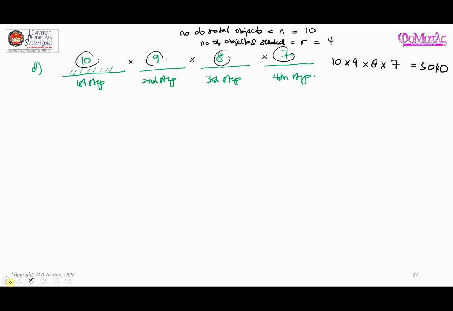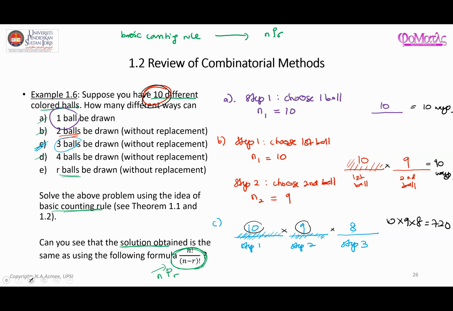Similar to what we have already done, here n is equal to 10 and r is equal to 3. This one is n equals 10, r equals 2. And n equals 10 and r equals 1, you select only one ball.